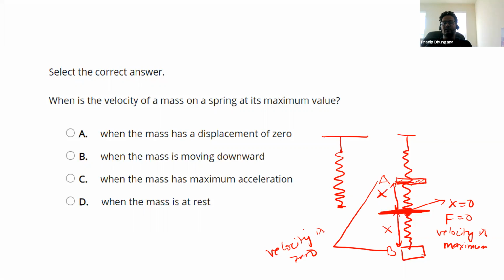Because at those points, for a fraction of a second, the mass on a spring stops and then comes back to the equilibrium position. Okay. So the correct choice for this problem is when the mass has a displacement of 0.